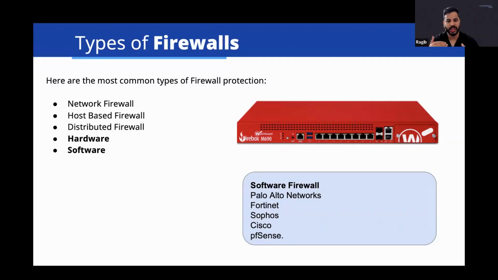You can think of them as a standalone security appliance. On the other hand, you have software firewalls that get installed on individual devices or servers. They offer more flexibility and customization and are great for protecting specific hosts or smaller setups.